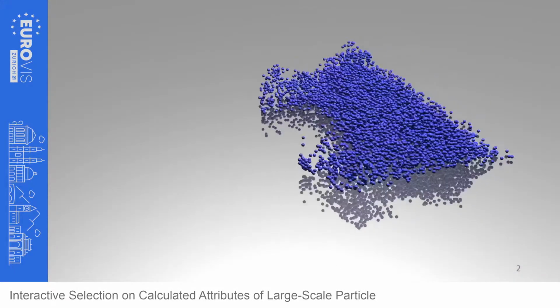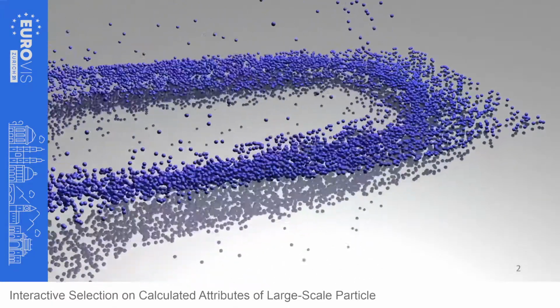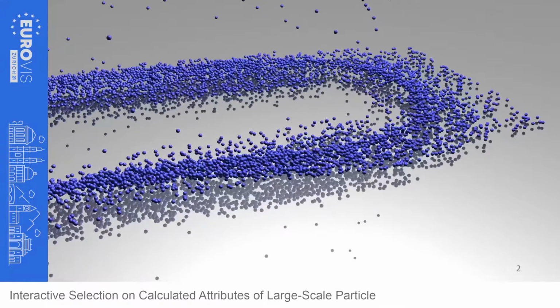By keeping the selection, we can now track the flow of the particles during the rest of the simulation. As we are evaluating the attributes only when needed, we are able to reduce memory consumption and computational time, especially for real-time applications.